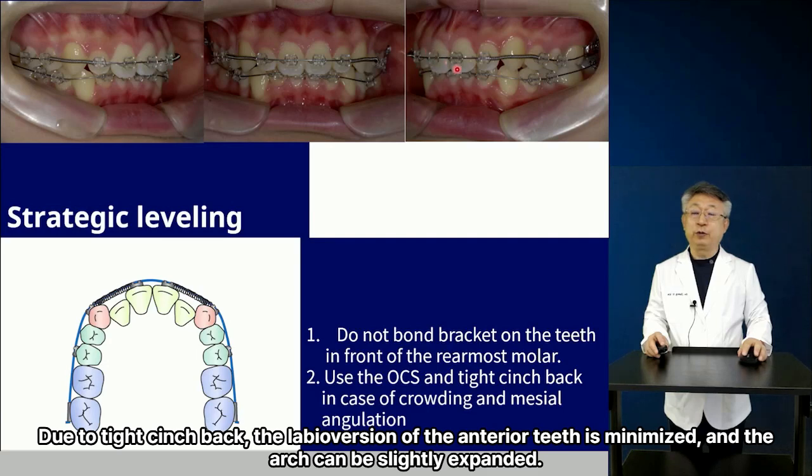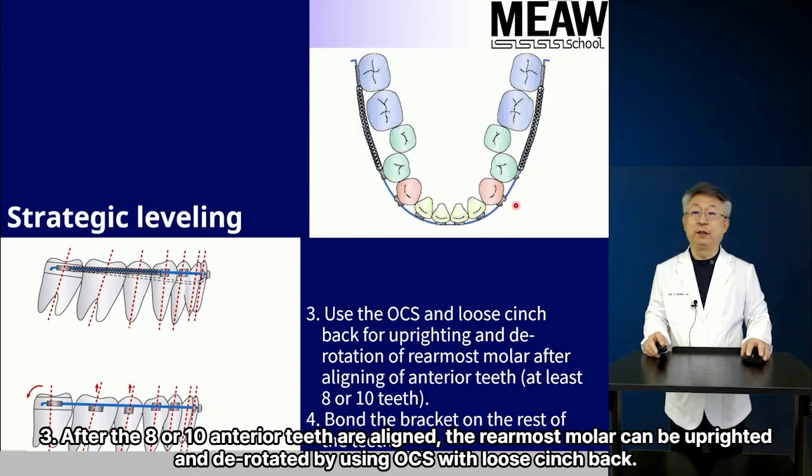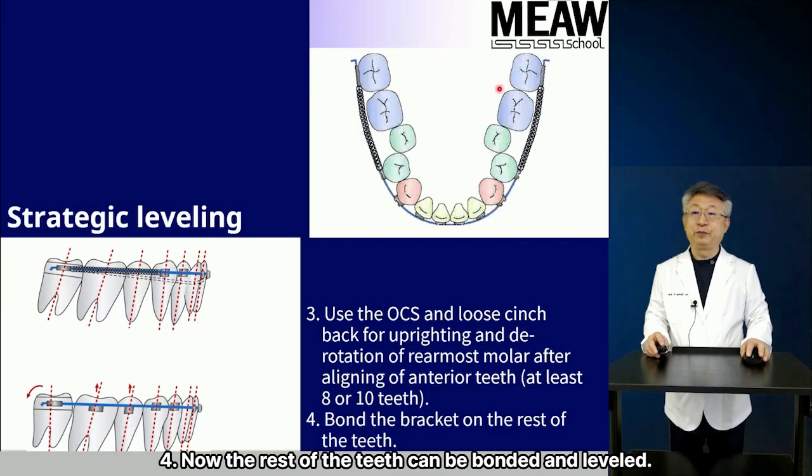Due to tight cinch back, the labioversion of the anterior teeth is minimized, and the arch can be slightly expanded. 3. After the 8 or 10 anterior teeth are aligned, the rearmost molar can be uprighted and derotated by using OCS with loose cinch back. 4. Now the rest of the teeth can be bonded and leveled.